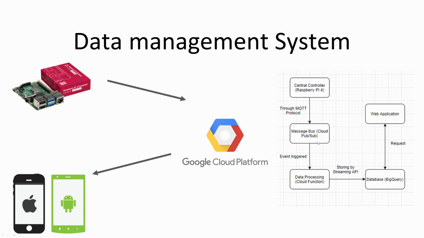When the cloud Pub/Sub receives the data, it will trigger an event which will start the data processing in the cloud function. Once the cloud function starts the data processing, the data will be inserted into the database. And our web application can access the database by sending requests to it, and get the information.